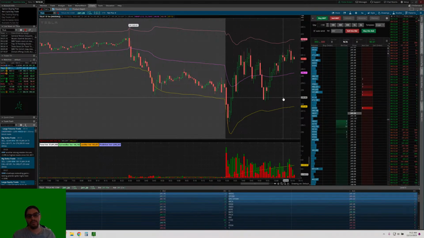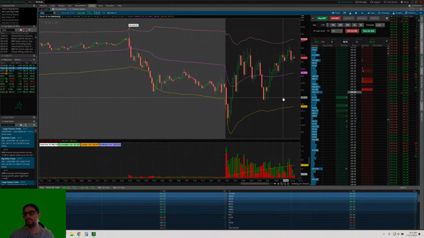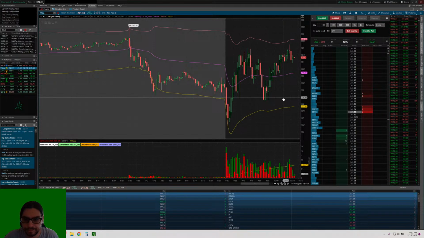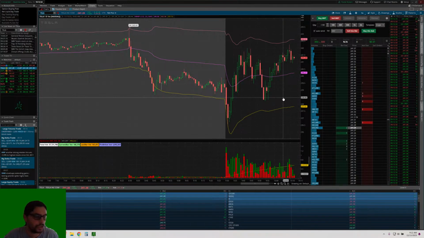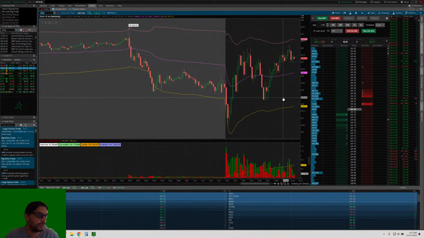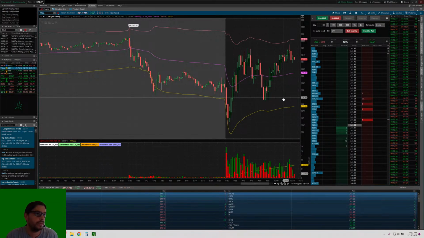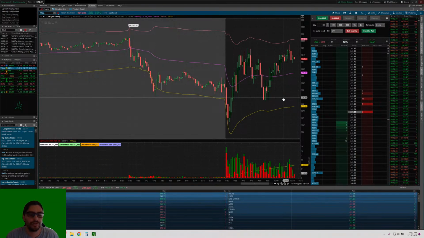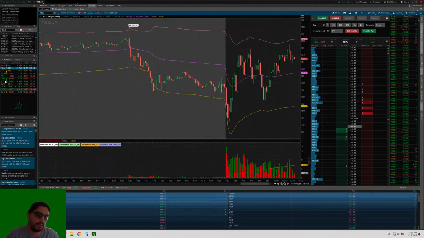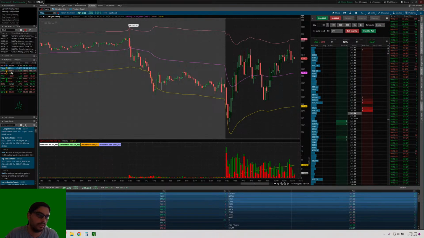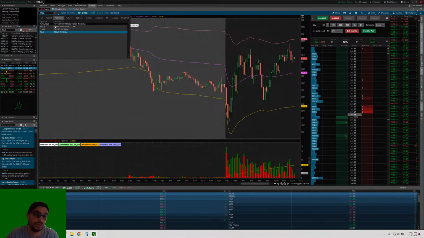The VWAP is kind of signaling to me that it's going to be a negative play. The chart is reading positive, but this is the reason why chart reading is not a simple science. There's stuff that goes into it.